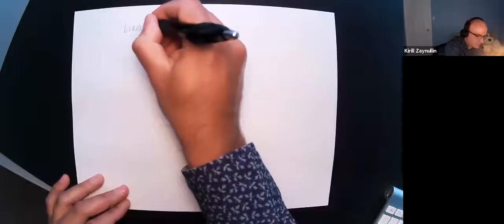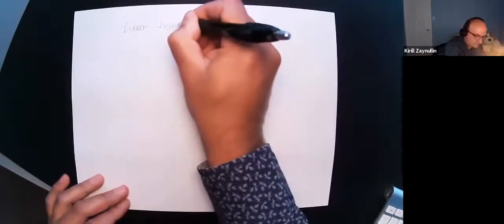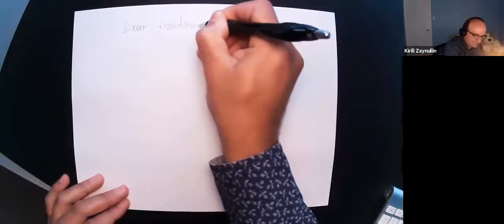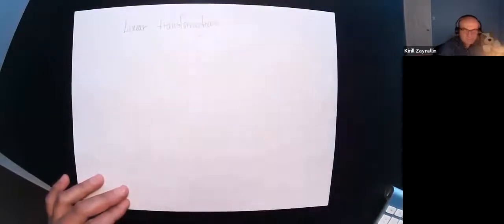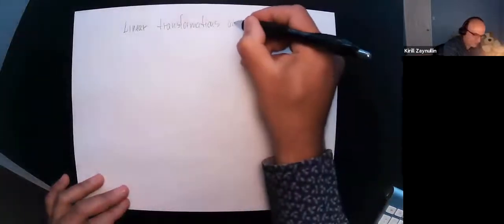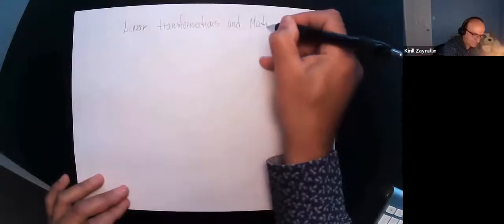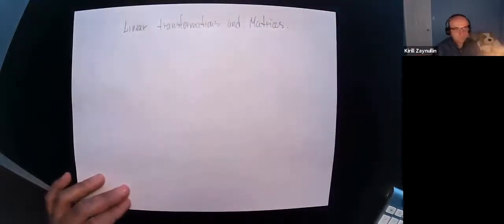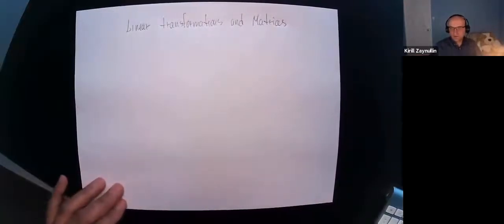Now, it's a story about linear transformations and matrices. You have probably seen it already in the linear algebra class at the very end of the first year linear algebra, where linear transformations and matrices were defined very briefly.